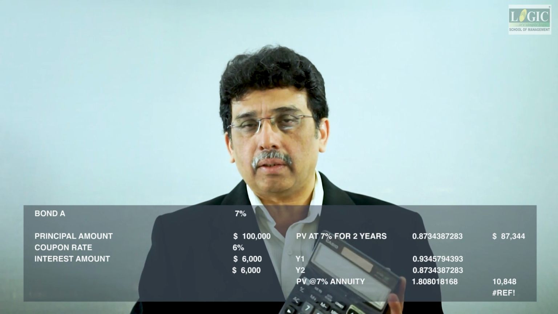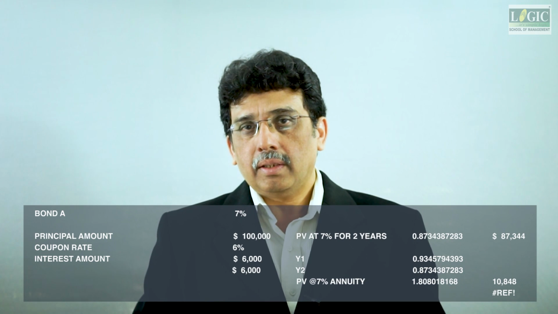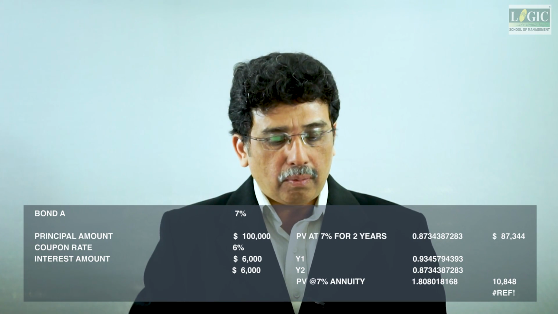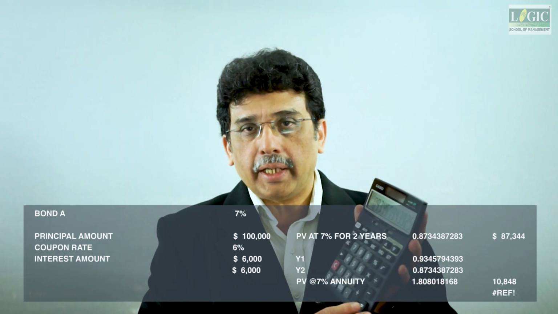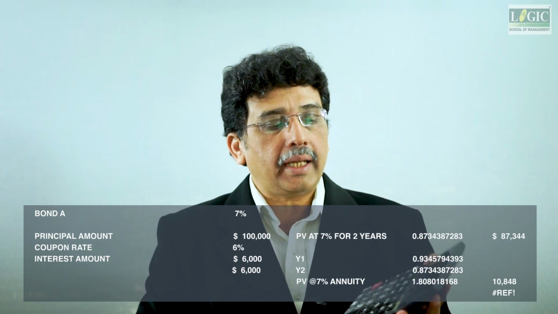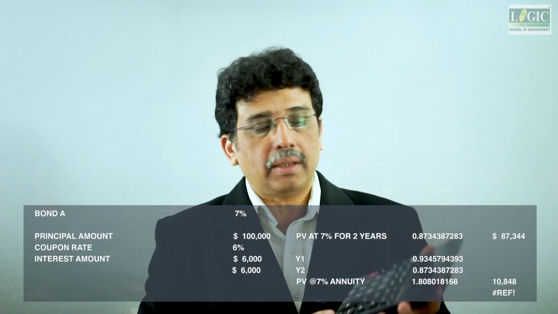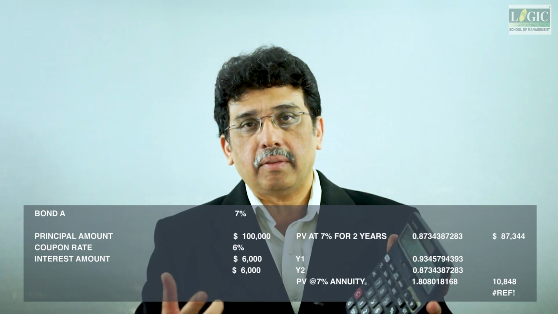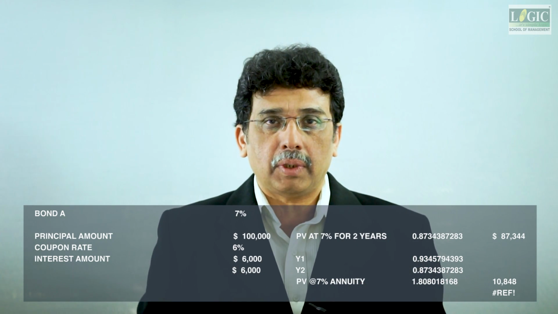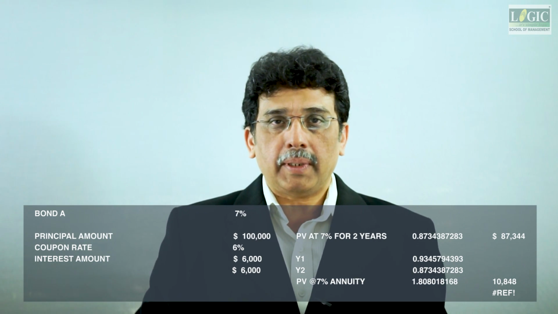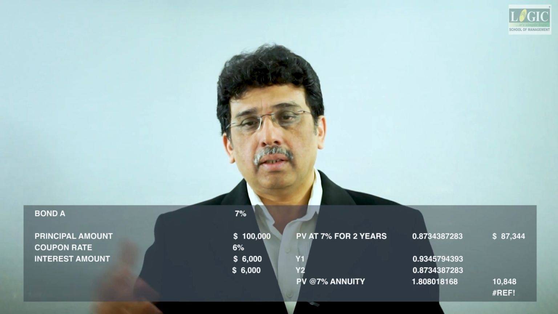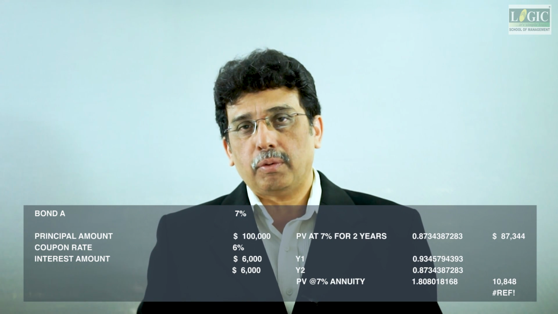A 4-function calculator would do it, right? So what I do here is 1 divided by 1.07 once, I get 0.9345, and press it again, I get 0.873, which any present value table would give you for 7% at 2 years. Now I multiply this into 100,000 to give me 87,344.